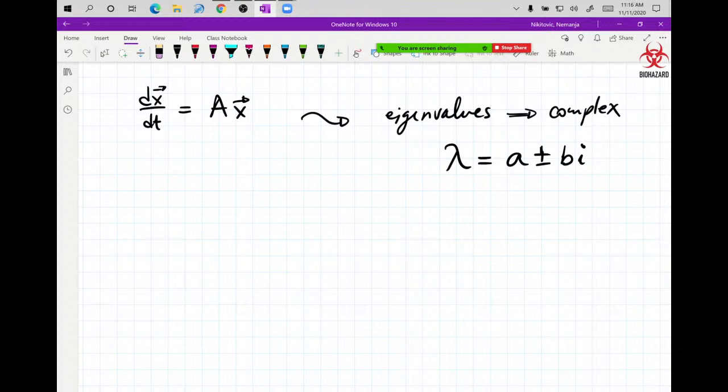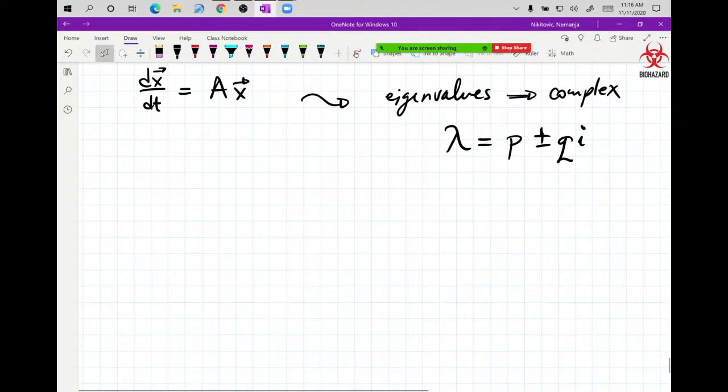I just looked at the book, and they are using a and b for the vector, and p and q for the complex number for the eigenvalue. I was about to use m and n for the vector, and a and b for the eigenvalue, but the book is using a and b for eigenvectors, so I'm just going to use the same notation they are using.